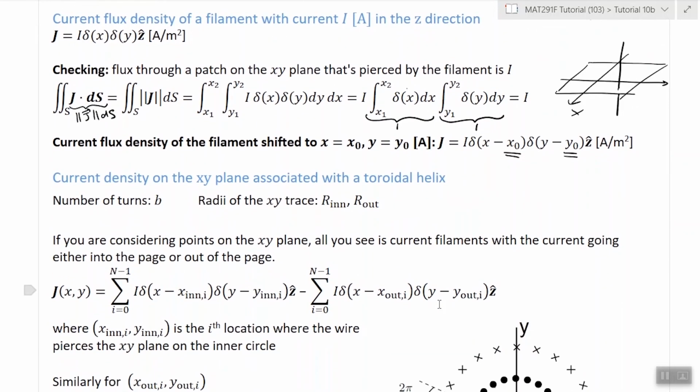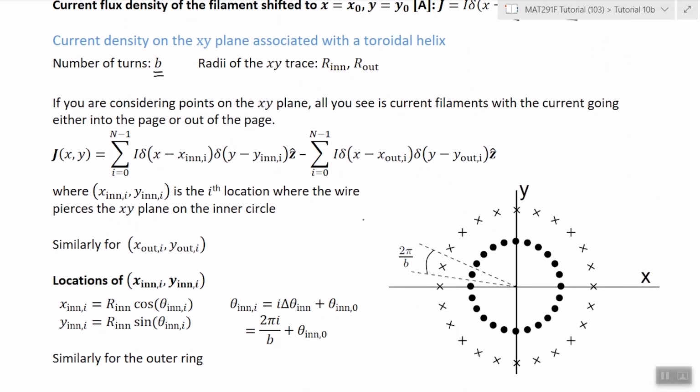Now for the toroidal helix, let's first describe the helix. It will have b turns in total, and once you draw the xy trace, it would have 2 radii. The inner radius would be r inner, right here.